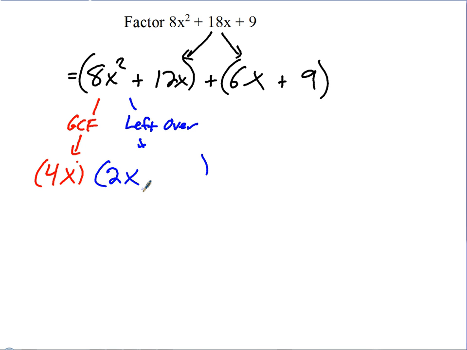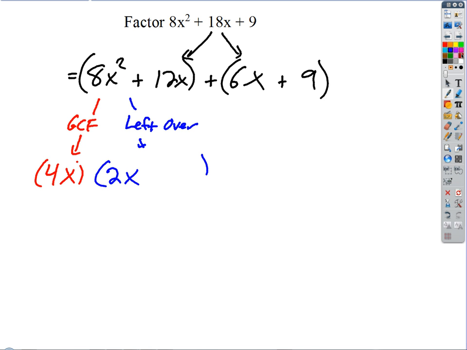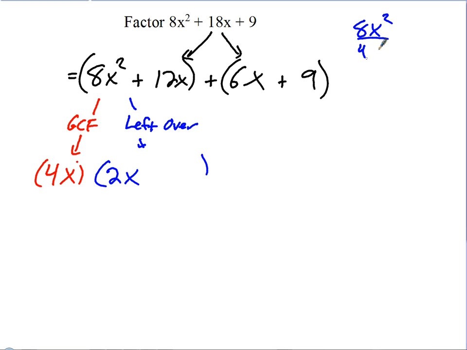You can always just divide, because factoring is a process of division. When I factor out a greatest common factor, I'm literally just dividing away a 4x. And so I could have just said 8x squared over 4x equals what? Well, 8 over 4 equals 2. I could cancel an x top and bottom and get an x left, right? So there's my 2x.